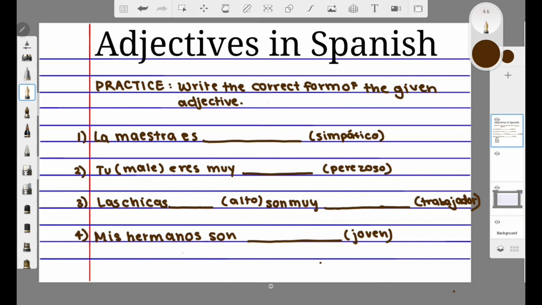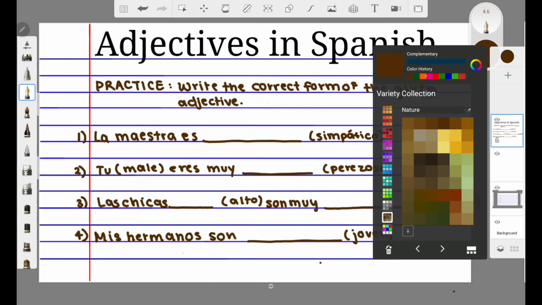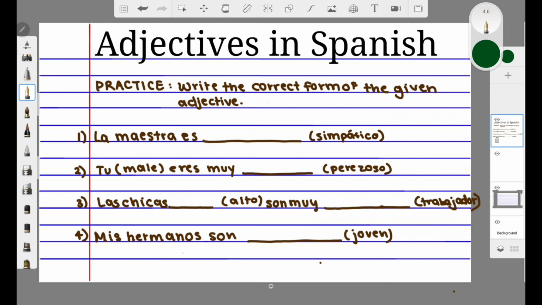So now for practice, write the correct form of the given adjective in parentheses. Alright, let's go over the first one. La maestra es blank for simpático. So first let's decide whether the noun being modified, la maestra, is masculine or feminine, and whether it's singular or plural.